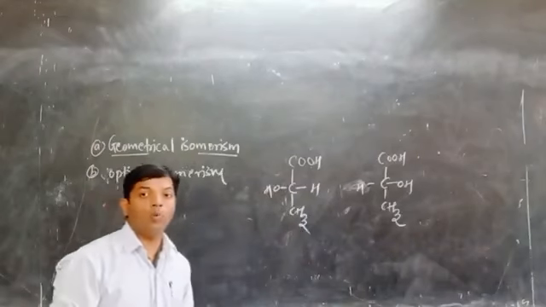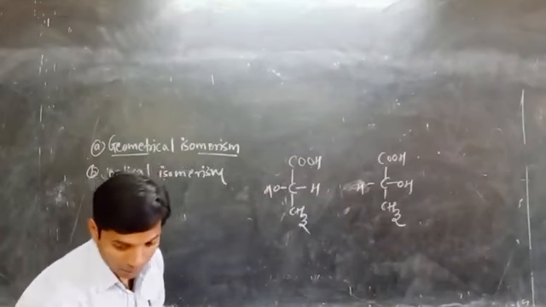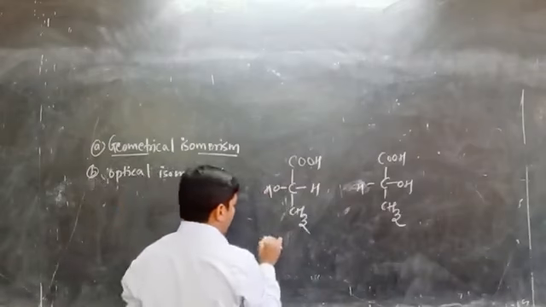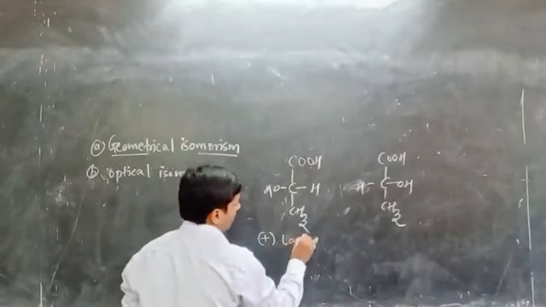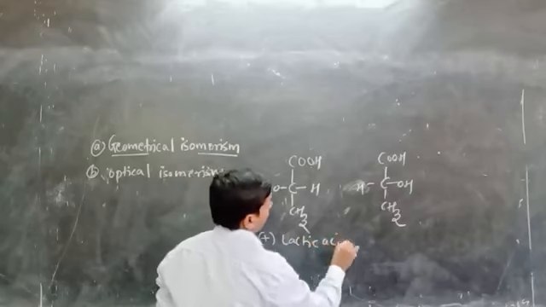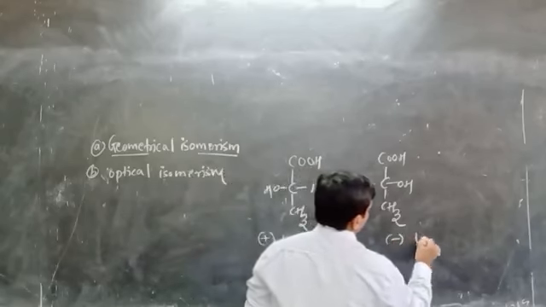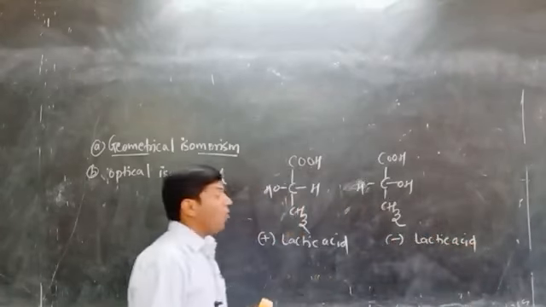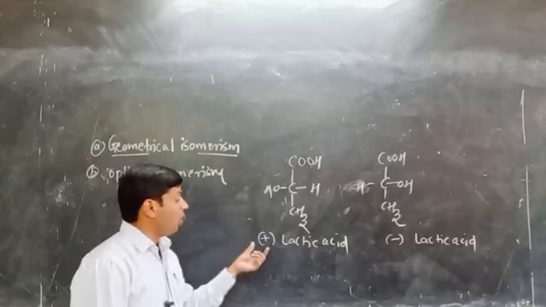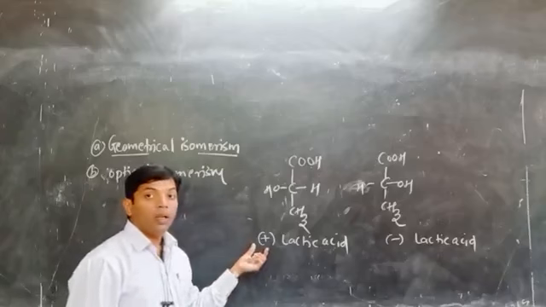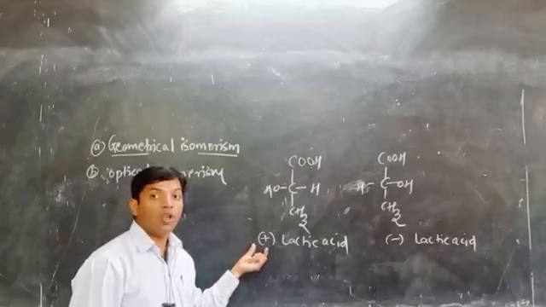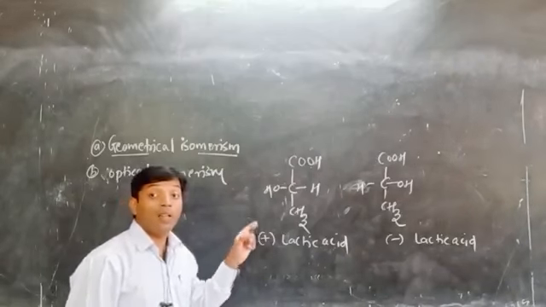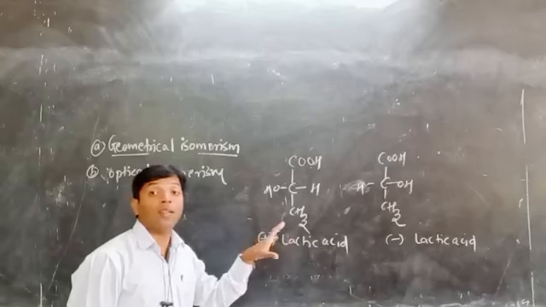I have shown on the board two examples. One example is called plus lactic acid, and the second example is called minus lactic acid. So these are examples of optical isomerism. What is optical isomerism? When two or more compounds have the same molecular formula, but they differ in the direction of rotation of the plane polarized light.